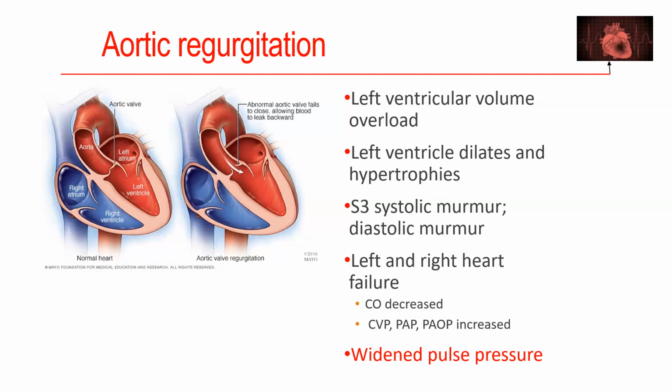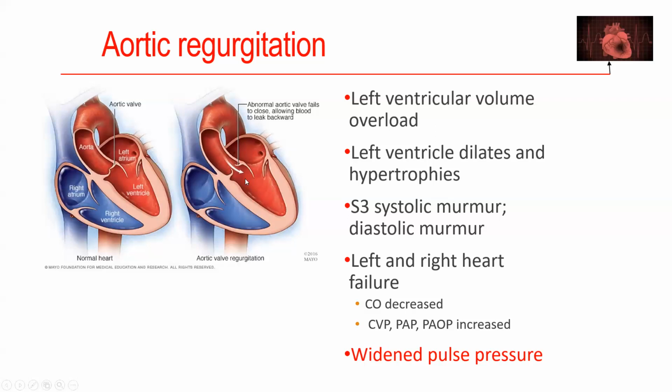You're going to have a systolic murmur that typically is going to occur because it's really difficult to maintain mitral valve regularity. And then you also have a diastolic murmur. That diastolic murmur is coming from the aortic regurg.